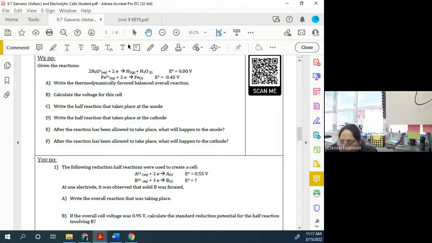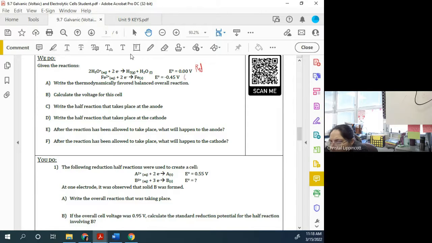All right, so we need to write a thermodynamically favorable reaction here. Which one of these is going to be my reduction, and which one's going to be my oxidation? Reduction's the top one because that number is more positive than this number.